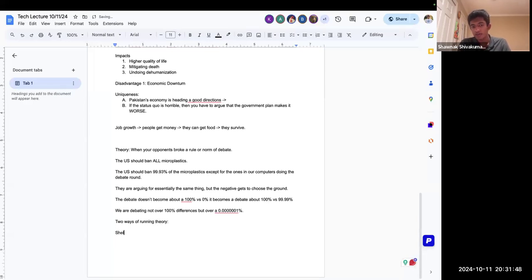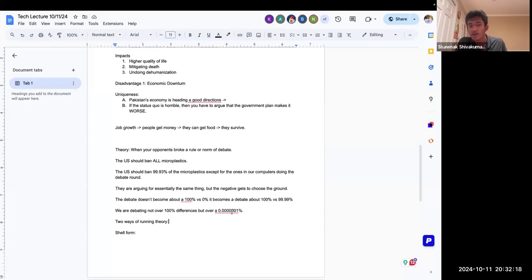There's shell form and there's paragraph form. Shell form is how you would run it 99% of the time with tech judges. If you have an experienced judge who says, I like theory, or even a judge who's receptive to theory but says don't make it frivolous, this is a very clear example where if you don't read a theory shell, you will probably lose the round.